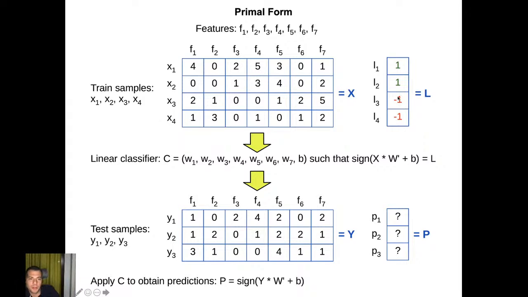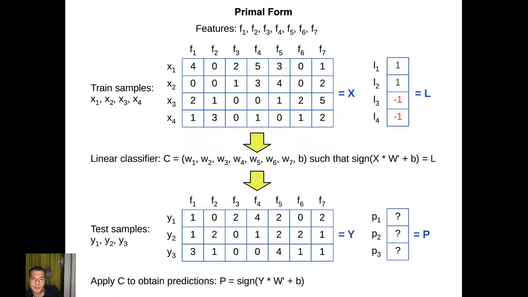So let's assume a binary classification problem with labels 1 and -1. And what we want to do with this data is to learn some classifier C. So the classifier is a linear classifier defined by a vector of weights.